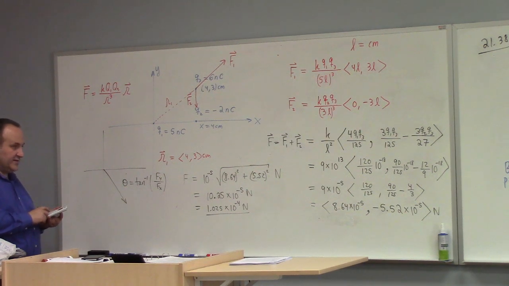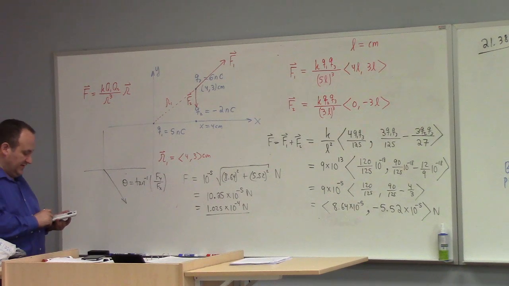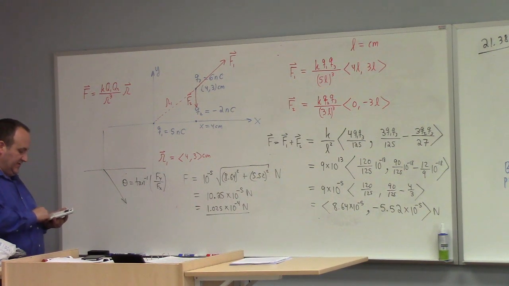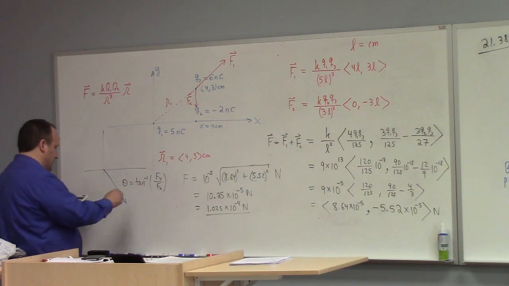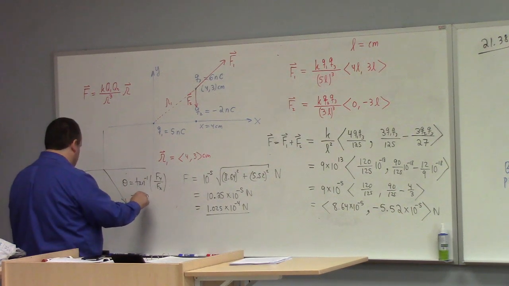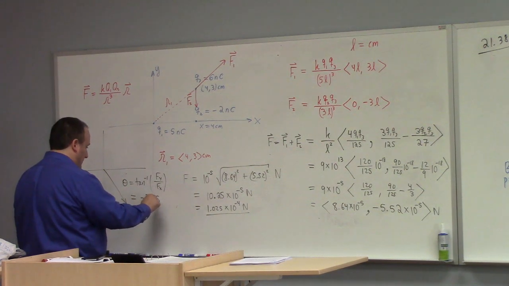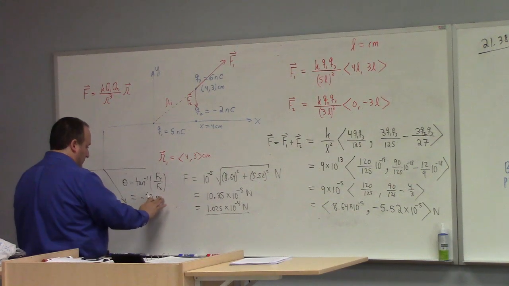So we just do inverse tangent of minus 5.52 divided by 8.64. Make sure you're in degree mode. We like degrees in here. This is physics. So I got minus 32.57 degrees. Does the book have that, or I don't know?